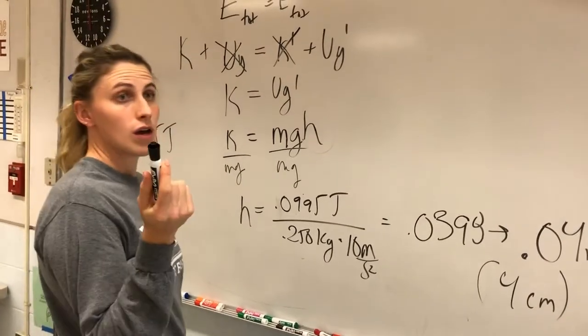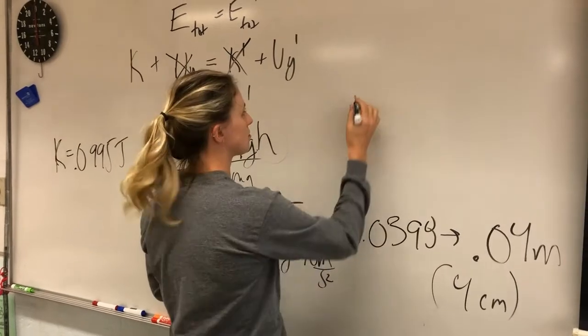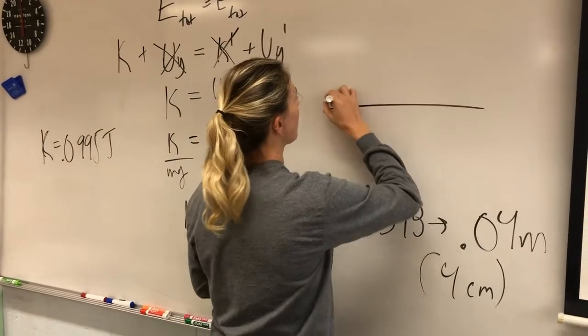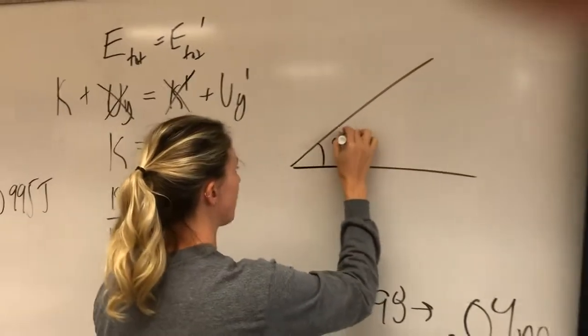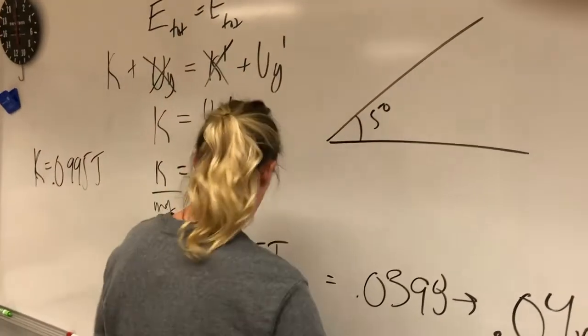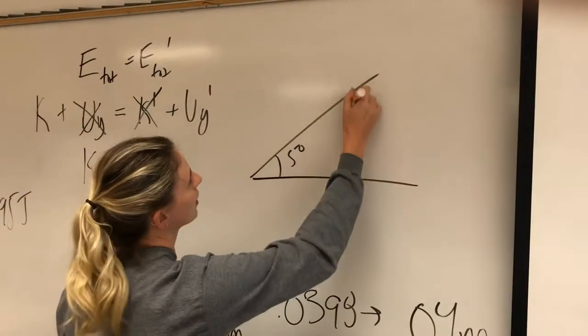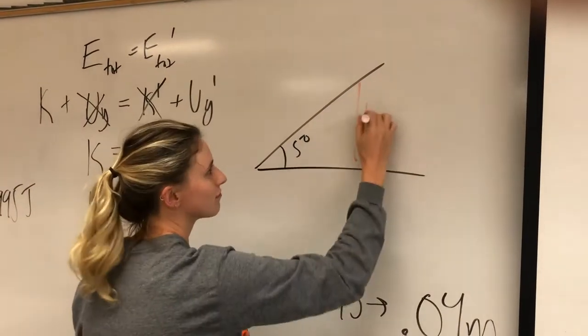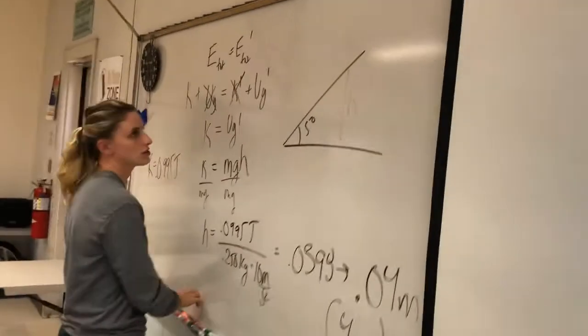So now what are we going to do with that? Let's draw a quick diagram. That's the height, which we just calculated. We know this angle is 5 degrees.